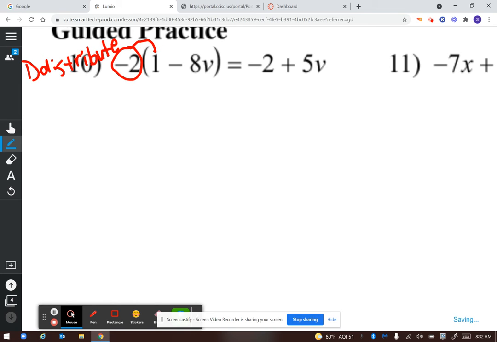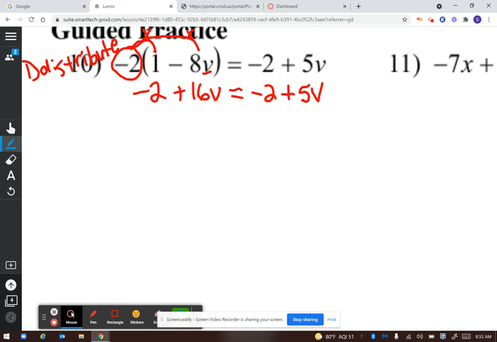So distribute, and it means to multiply. -2 times 1 is -2. Be very careful here with your signs. -2 times -8 is positive 16. This has a V, so 16 gets a V. There's nothing to distribute on the right-hand side, so you just drop the equation down.